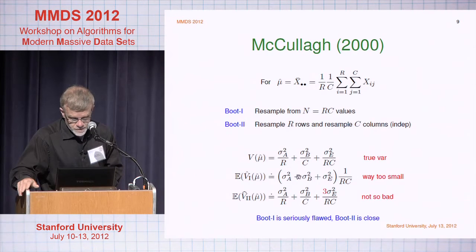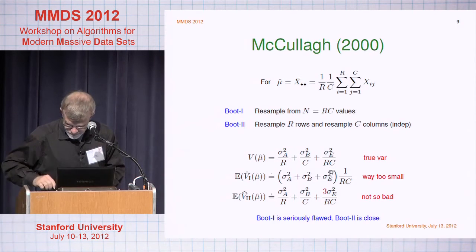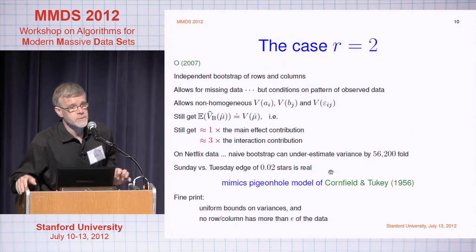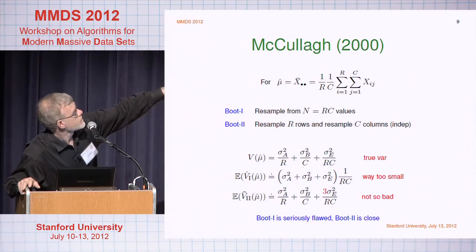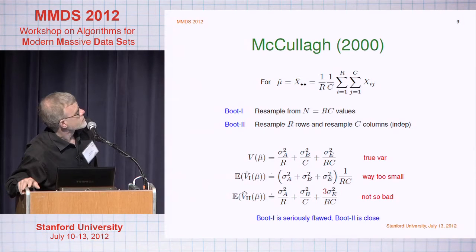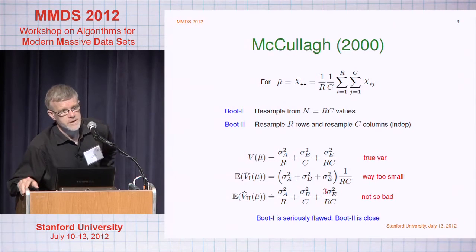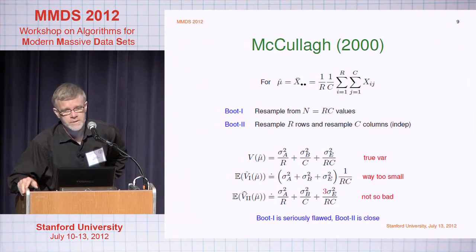So the real variance is row variance over number of rows, column variance over number of columns, error variance over the product. If you do the naive bootstrap, you're putting everything over the product. So if you think of R and C as 1,000, instead of having this one over 1,000, the next one over 1,000, and the last one over 1,000,000, you have everything over 1,000,000. You just underestimated your variance by a factor of 1,000, so you'll make unreliable conclusions.